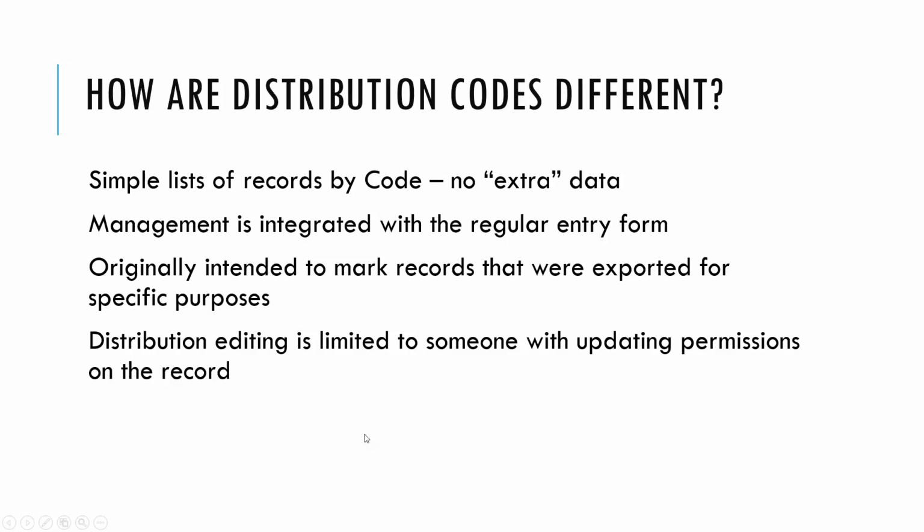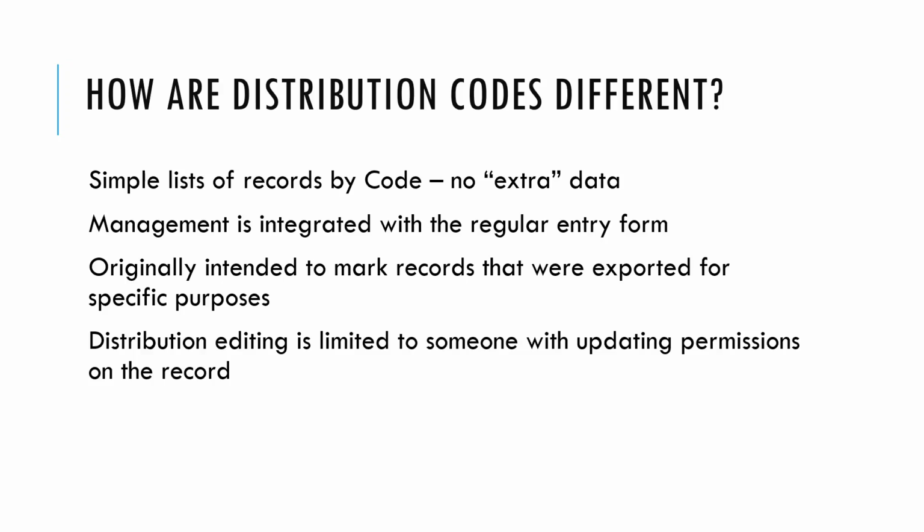One of the questions I get asked most about publication codes is, what is the difference between a publication code and a distribution code? Distributions are the same basic concept of assigning a code to a record to create a list, but there's no sophistication to distribution codes. It's just a code. It's just a list.